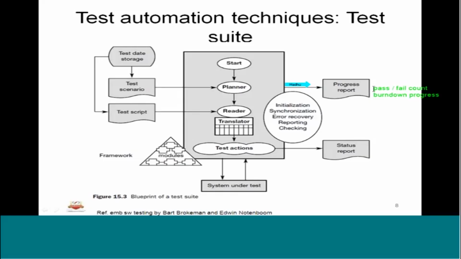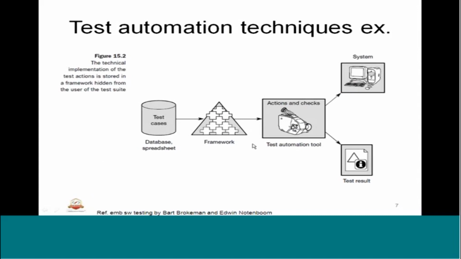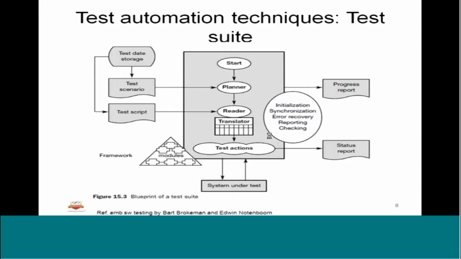So that is how we use the test suite in terms of automation. So this is about the test suite, where the framework and the automation are being combined in this diagram. It's also called a blueprint of a test suite.